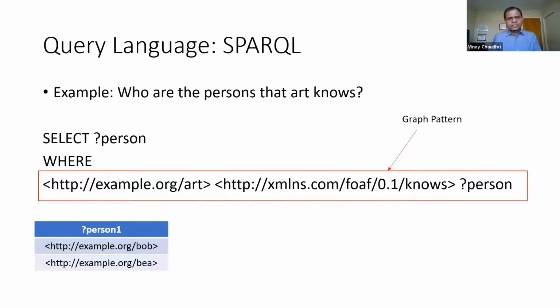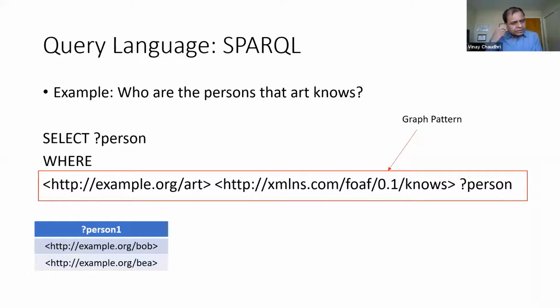Here's a very simple query which asks who are the persons that Art knows, against our very simplistic single triple data set. We can pose this query as shown here: SELECT ?person WHERE { Art knows ?person }. The triple in the red rectangle is the graph pattern, and ?person is a variable; we are looking for different bindings for ?person.